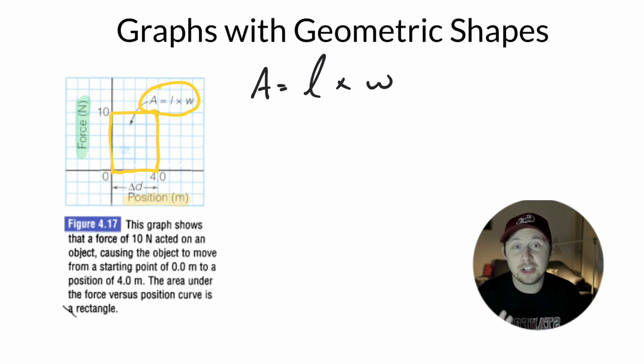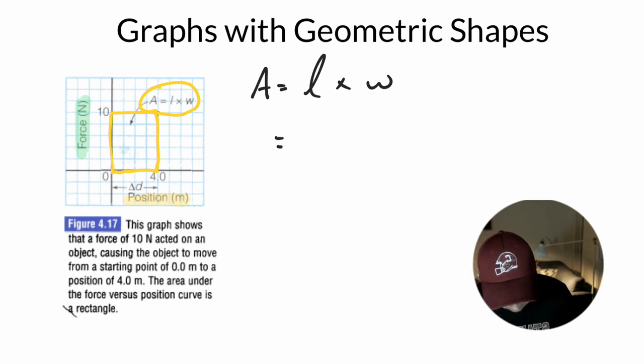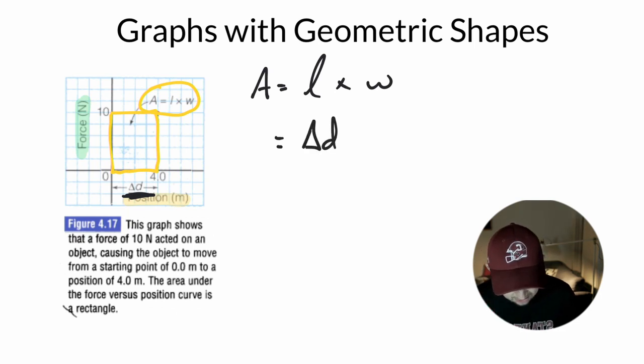If we were to substitute in what the length of it means and the width of it means, watch what happens. So for length, I'm going to put in our change in distance, all right? That's our position. And our width here, I'm going to put in our force.